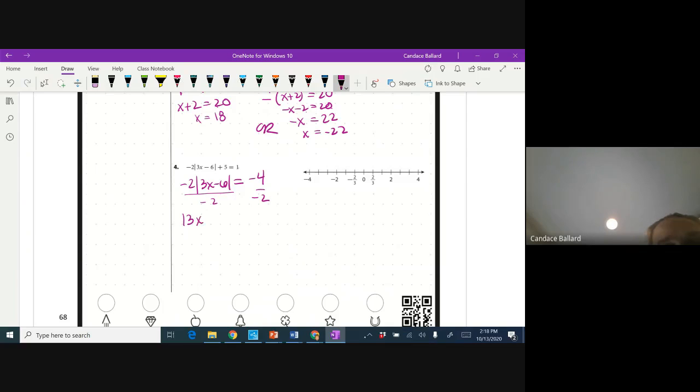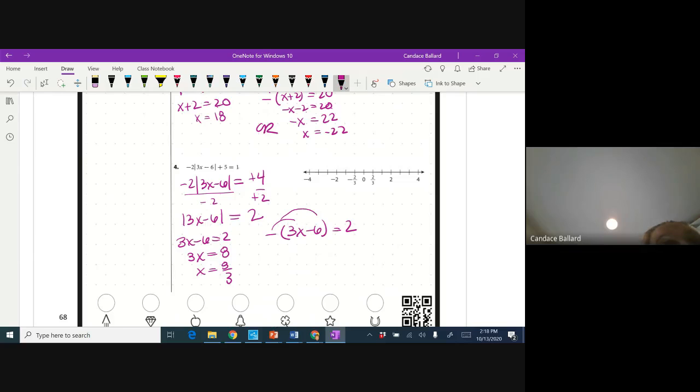So I get the absolute value of 3x minus 6 equals positive 2. Now I'm going to split this into a positive expression and a negative expression. So we get 3x equals 8. And divide by 3, so x equals 8/3.